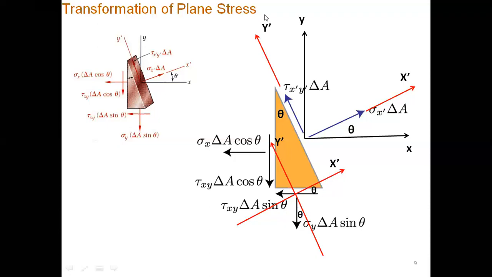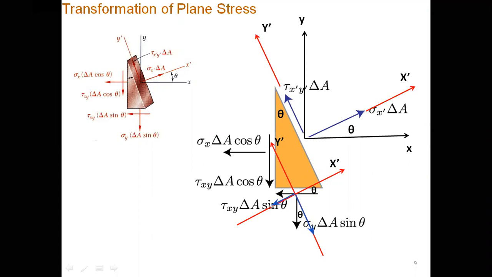So first resolve these into rectangular components. First look at this node. I'm trying to resolve this into its rectangular components. This is theta, so a component along this line would be a cos component. This is sigma y delta A sine theta, and this would be the cos component, so here you have to write also cos theta.